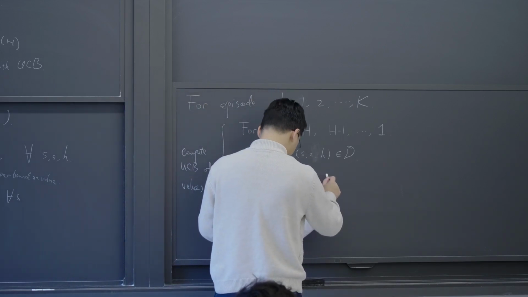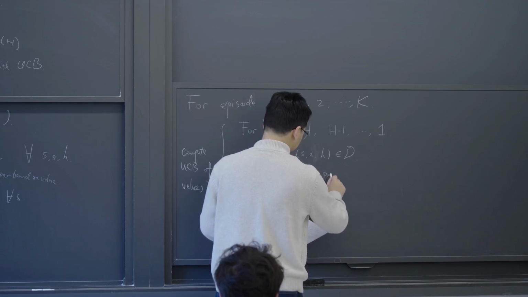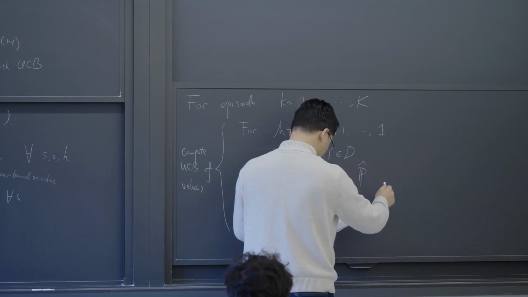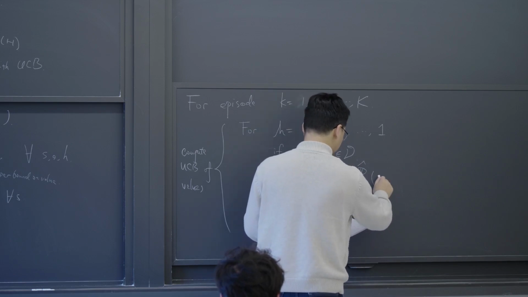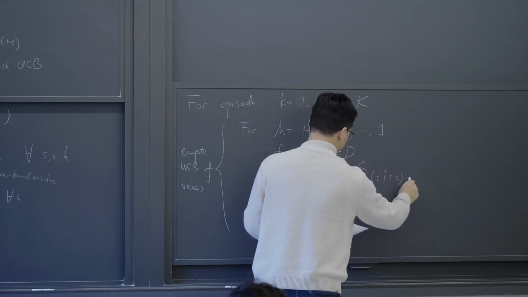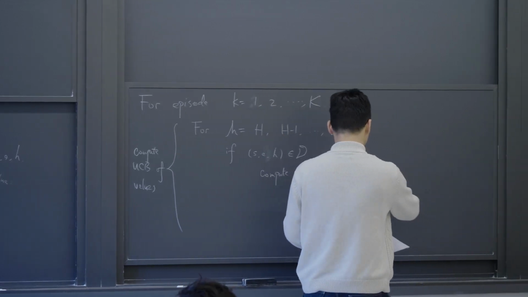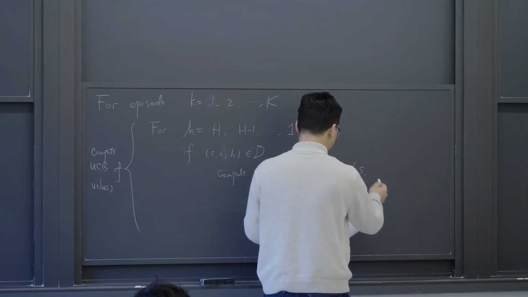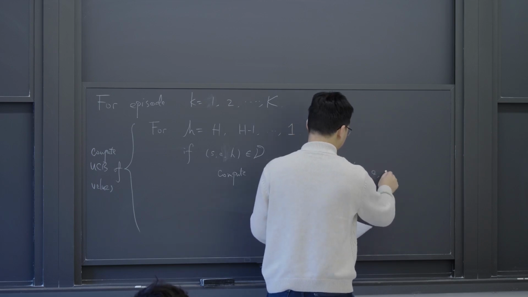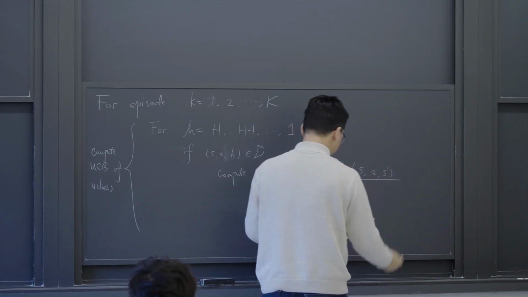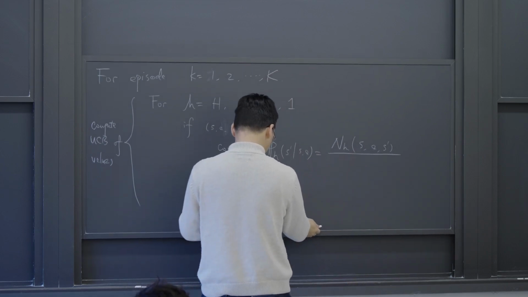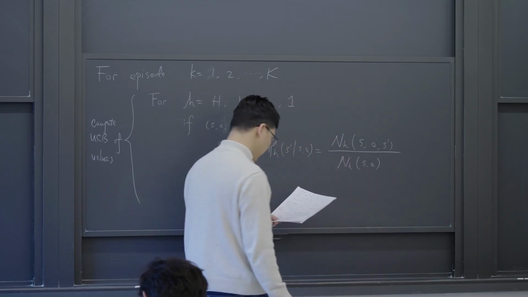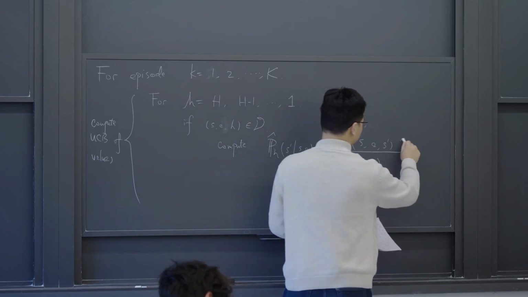If so, we can compute this empirical estimate. We again use the empirical average as my estimate. We use the ratio: how many times we have observed the s, a, s prime triple in the data set, divided by how many times I have observed s, a at step h. Those are counts in the data set.